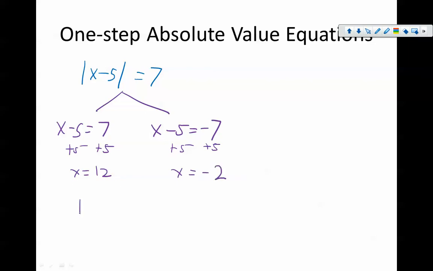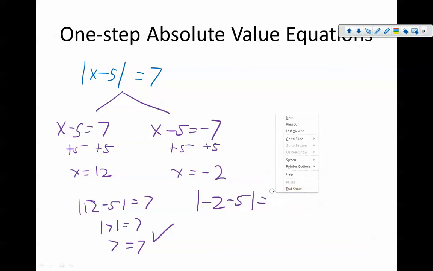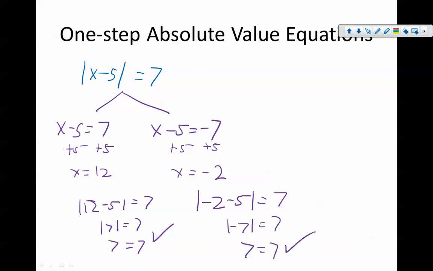Let's just check our work. 12 minus 5 equals 7, so the absolute value of 7 equals 7. It works. What about negative 2? The absolute value of negative 2 minus 5 equals 7. Well, this is the absolute value of negative 7, which is 7. So it works.